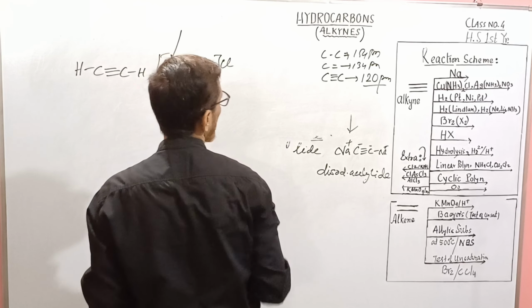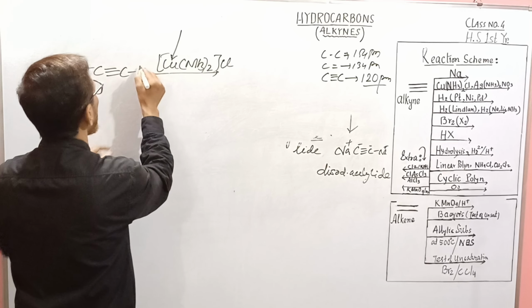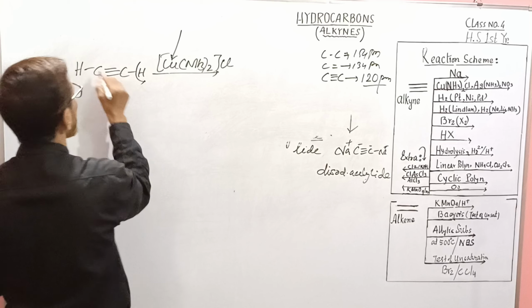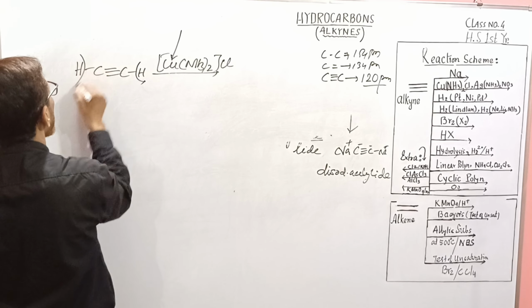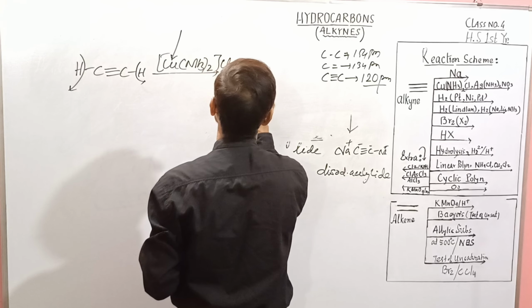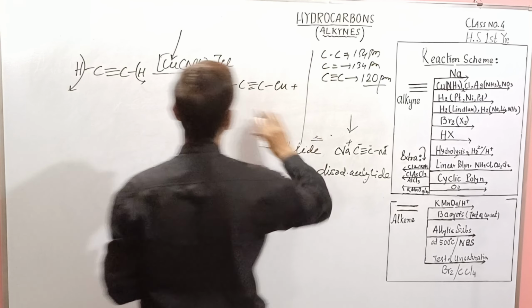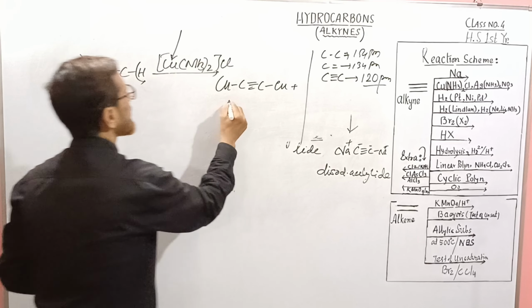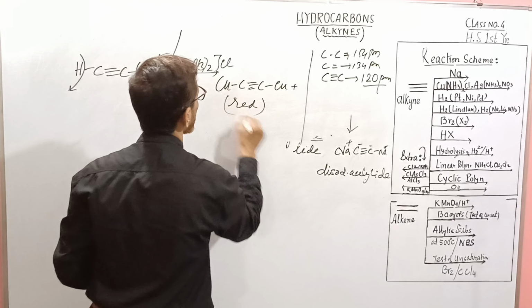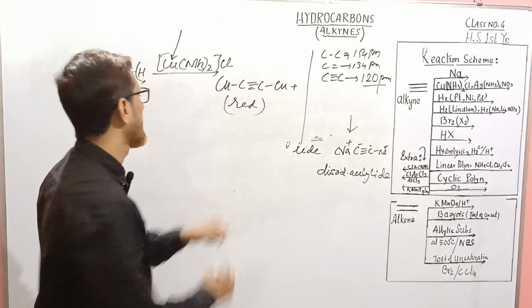That copper is a metal, it will be replaced by this, and again this copper will be replaced by this. So in both parts you will get it in this way. I am not writing this part. The main part is this. The color is red: dicopper acetylide.